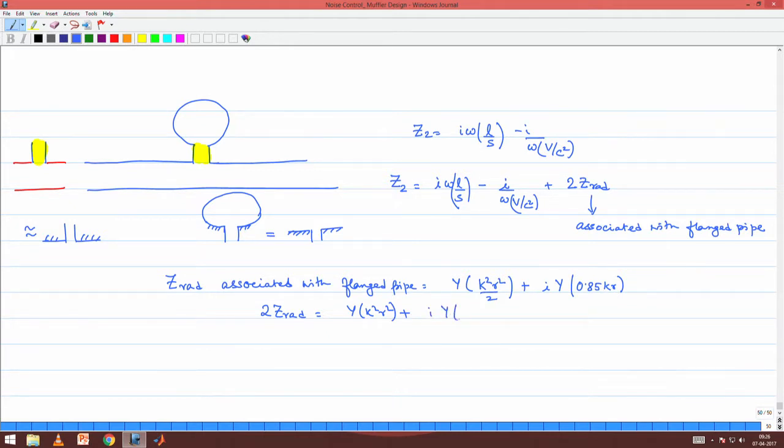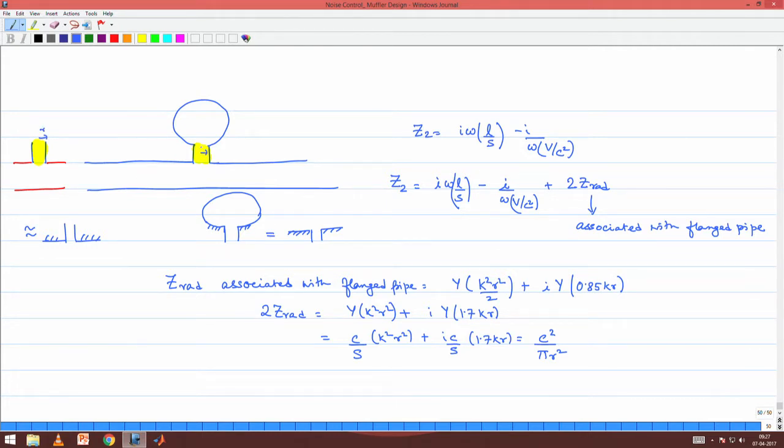I Y times 1.7 k r, and this if we recall should be C by S into k square r square plus I Y is C by S 1.7 k r, and k c is, or before doing k c, S is pi r square. Remember, this is now our r.